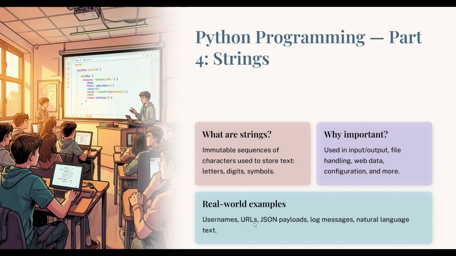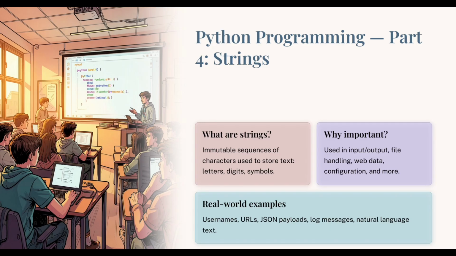usernames, URLs. URLs, which are web addresses, are stored as strings. Example like https colon slash slash example.com. And JSON data. Many applications exchange information in JSON format. The keys and text values inside JSON are represented using strings.